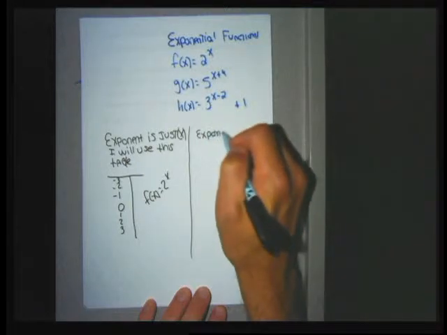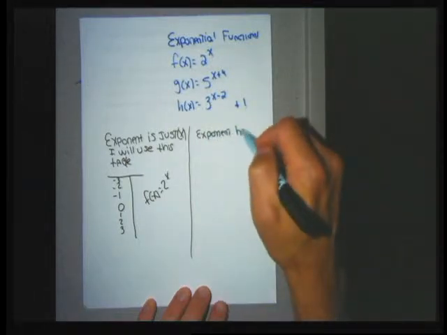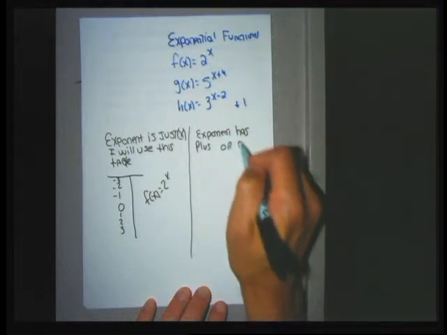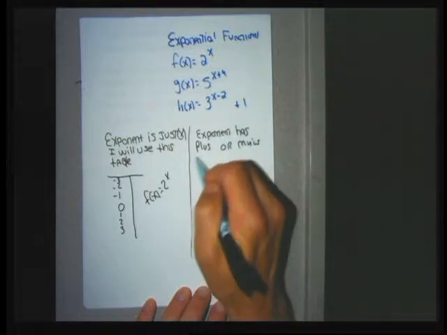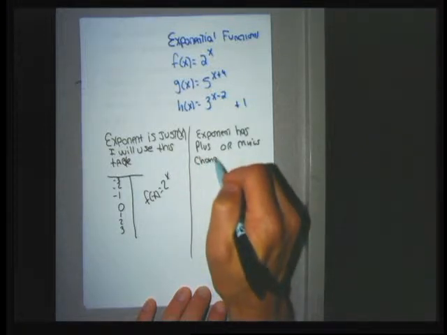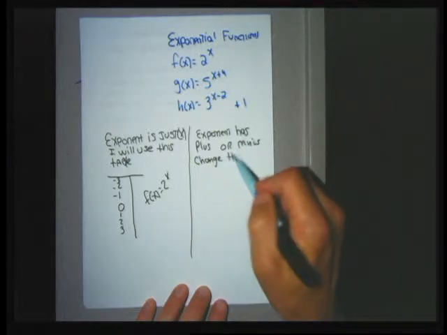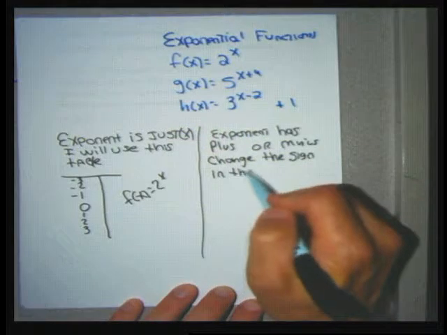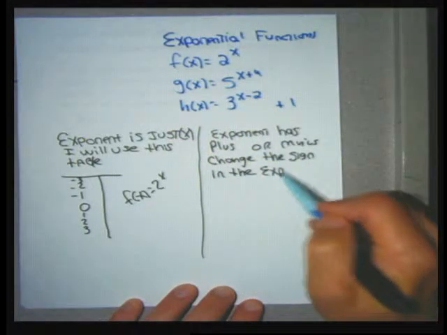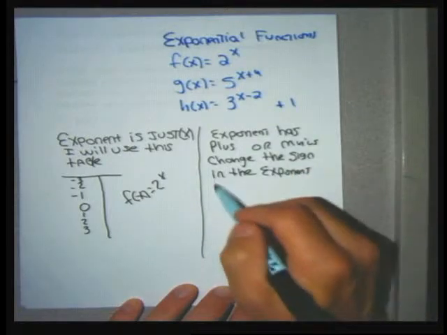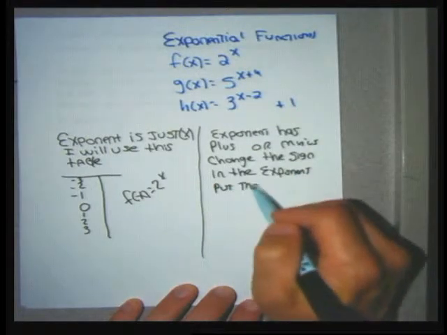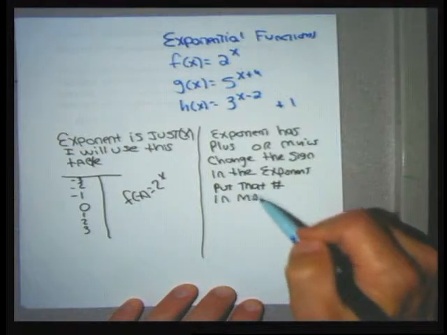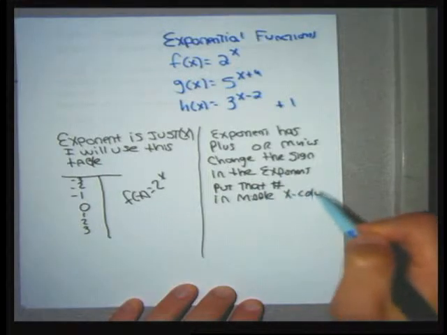If the exponent has a plus or minus sign, just like we did with parabolas and parentheses, change the sign in the exponent and put that number in the middle of my x column.